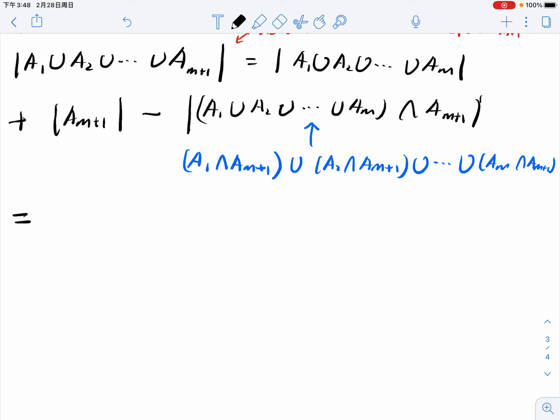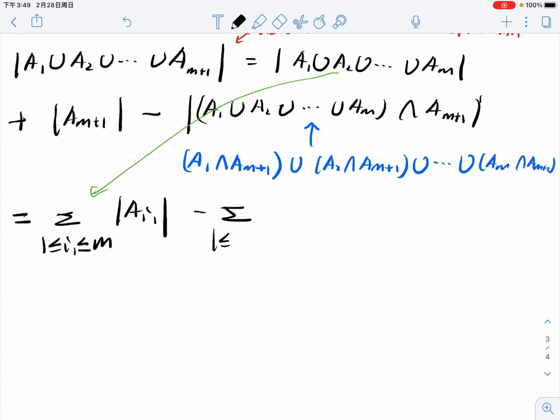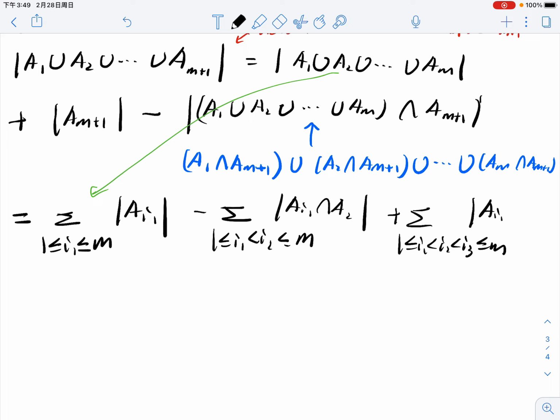The first term here can be calculated as the summation over 1 less than or equal to I1 less than or equal to m of the absolute value of AI1, minus the summation over 1 less than or equal to I1 strictly less than I2 less than or equal to m of the absolute value of the intersection, plus triple intersections.